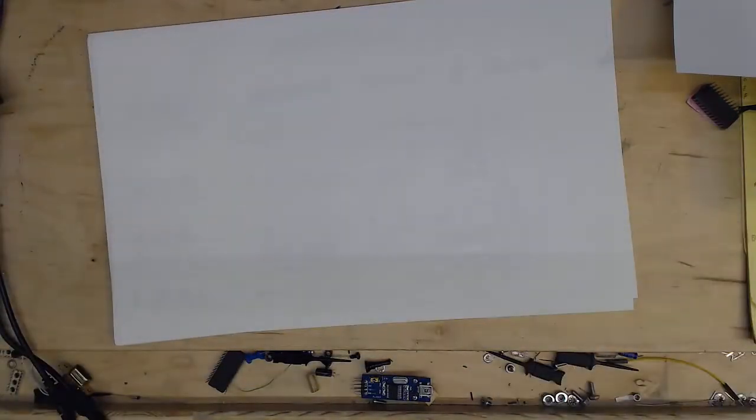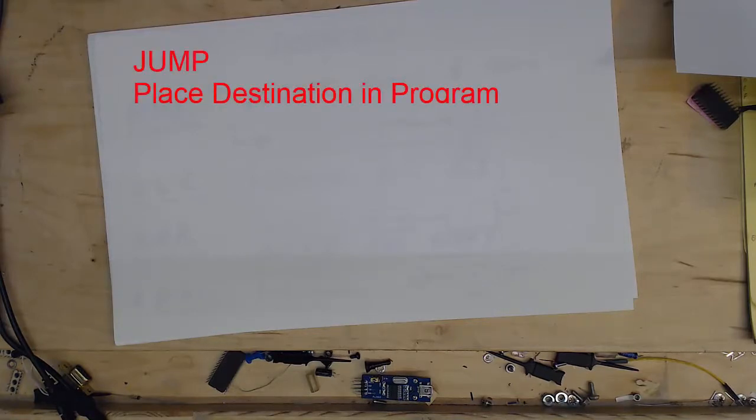Now let's look at our branching instructions. Normally the program just goes sequentially through memory, using the program counter to keep track of which memory address it is executing. And we can do two types of redirection from this normal linear progression. So we can do a jump. A jump sends the program away with a one-way ticket.